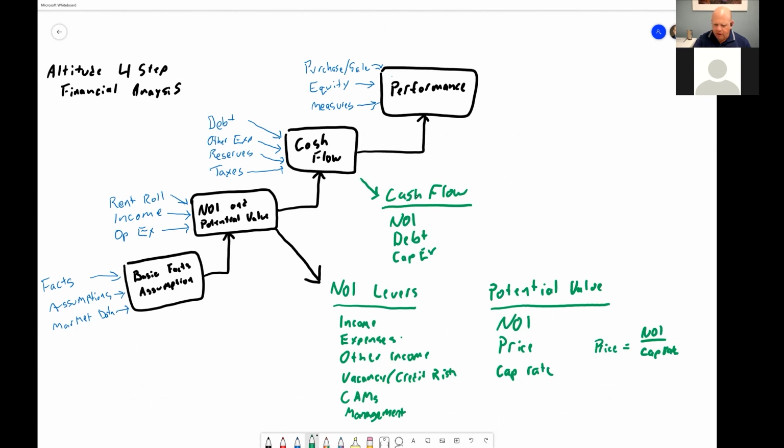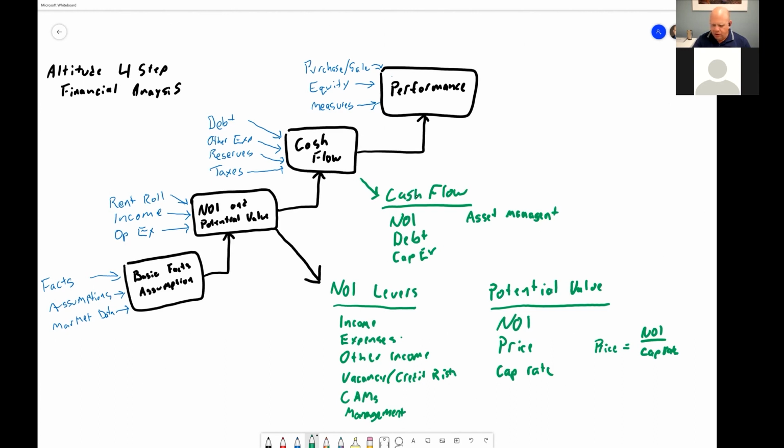We've got our asset management fees. It comes out of cash flow. It's a discretionary spend, but it's coming out of that cash flow. So it is a lever that can change everything else. It changes our cash flow, and it ultimately changes the return for investors.